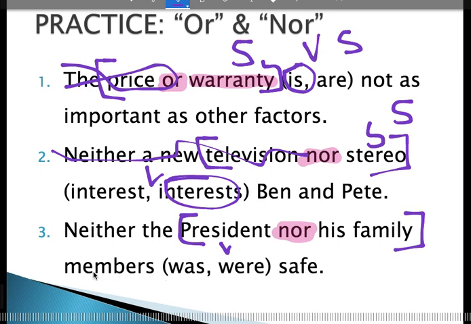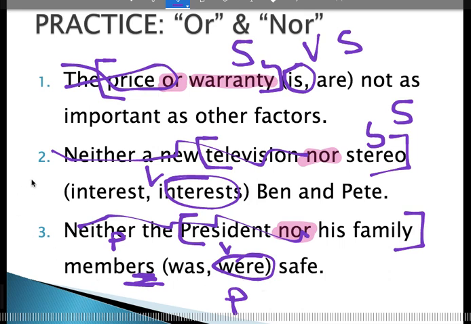So family members, we're talking about multiple of those family members, so that means it's plural. So we need a plural verb. So was or were is our plural verb. We totally ignored this first part. His family members were safe. Members is again plural. We need the plural verb, were.